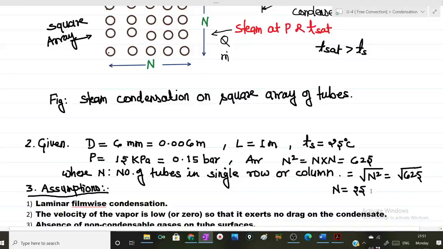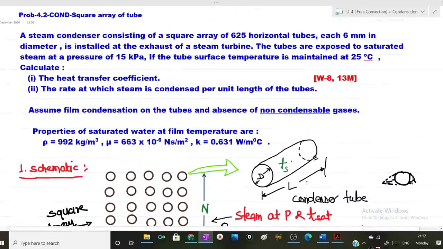Step number 2 is to enlist all the values of given parameters. So in the problem, there are 625 horizontal tubes in the form of a square array, each having diameter 6 mm.